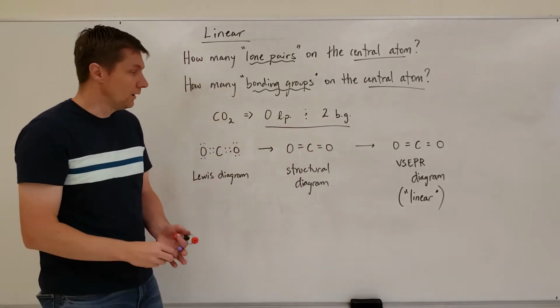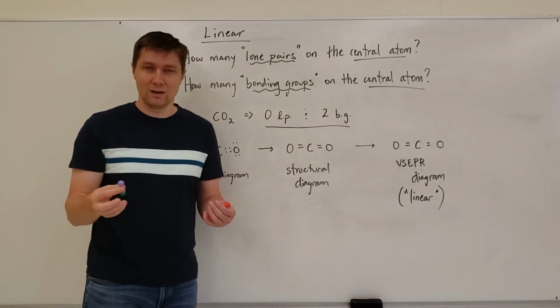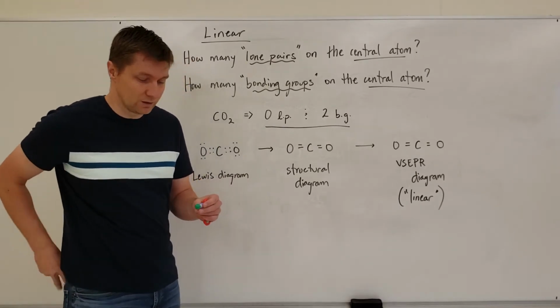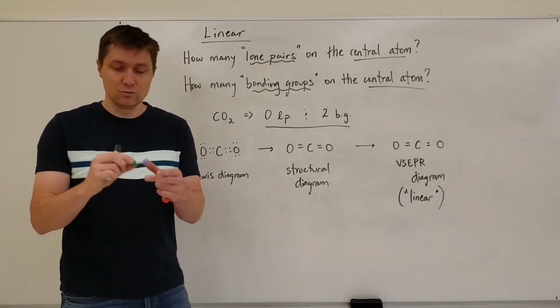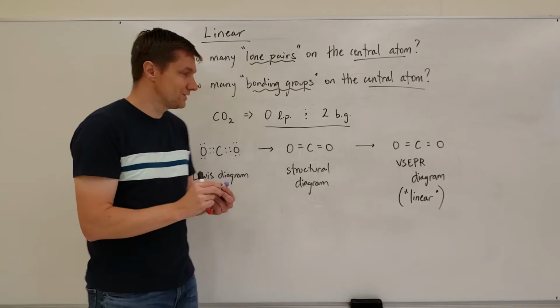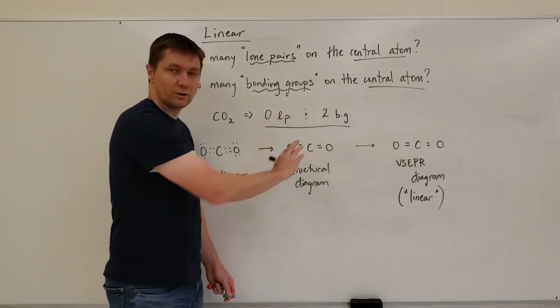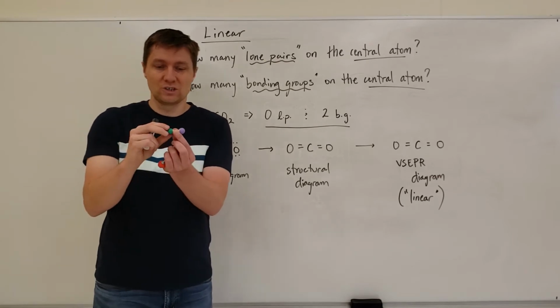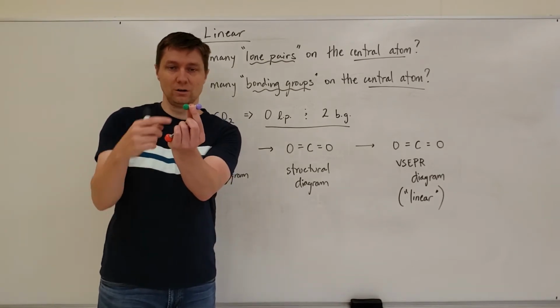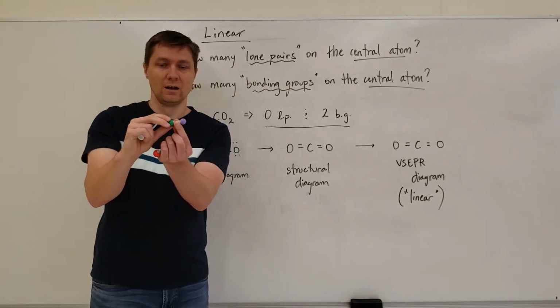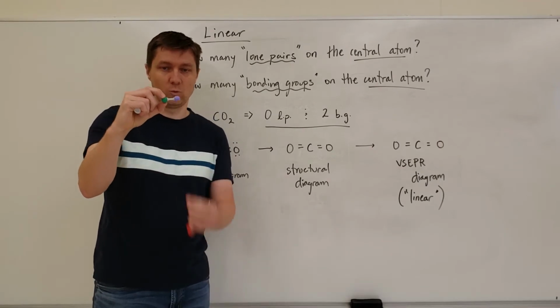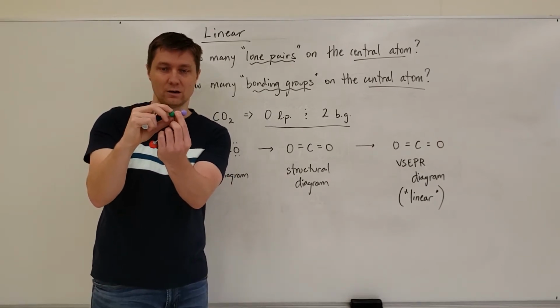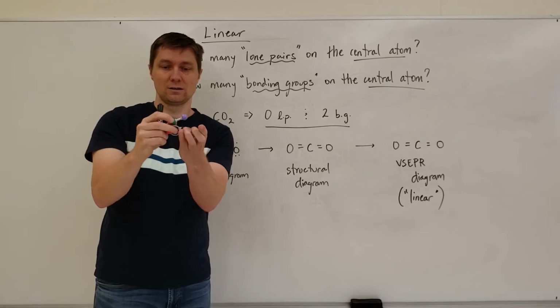Now, another linear shape that sometimes kids get lost in the shuffle with is that if I just have 2 atoms that are attached to each other, it doesn't really follow this rule of 0 lone pairs and 2 bonding groups, because A, there's no central atom here. You can see there's nothing in the middle, it's just 2 things on the outside. But because they're just connected by one set of electrons, then it has to be straight or linear.